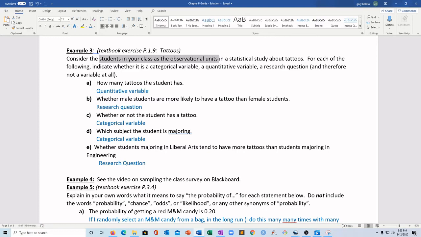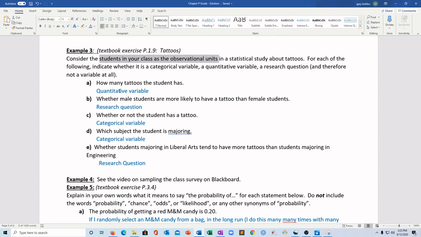All right, B, whether male students are more likely to have a tattoo than female students. So I'm thinking about that and I'm saying, is that something that represents data I could get from each individual student? And here's where this is tricky. To answer this question, I definitely need to get information from all of my students. But this is not describing one piece of info from every student.